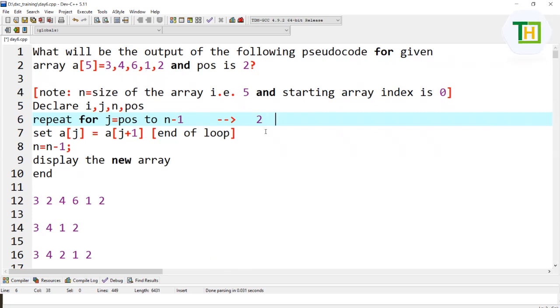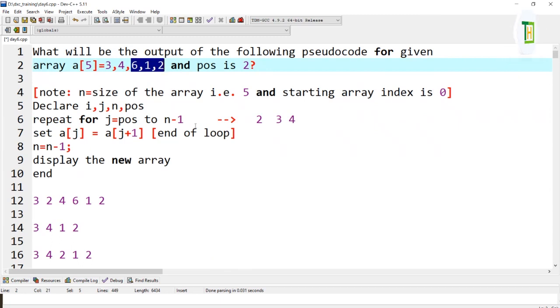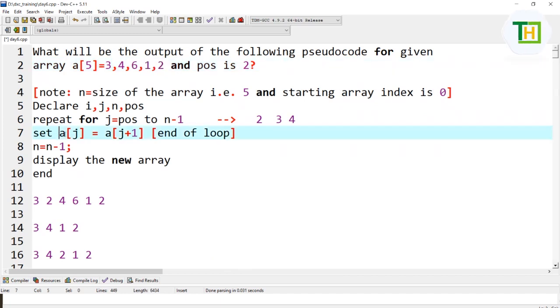That means it is going to repeat for 2, 3, 4. These three values are going to be accessed. Now E of J is equal to E of J plus 1, and it is repeating again and again, and that is the end of the loop here.